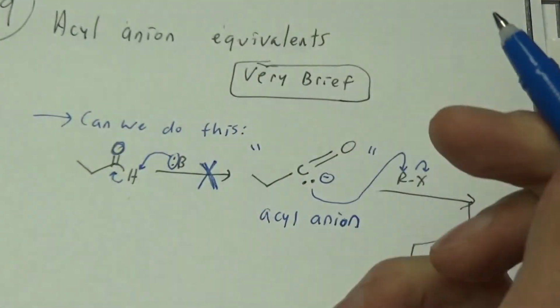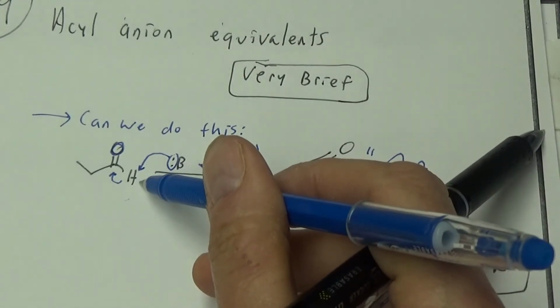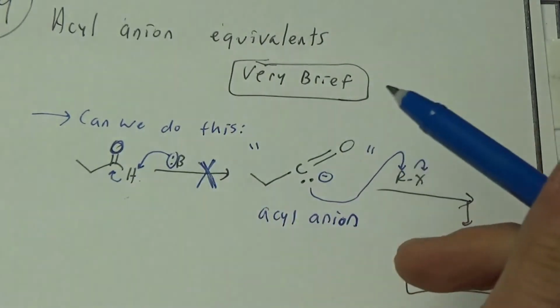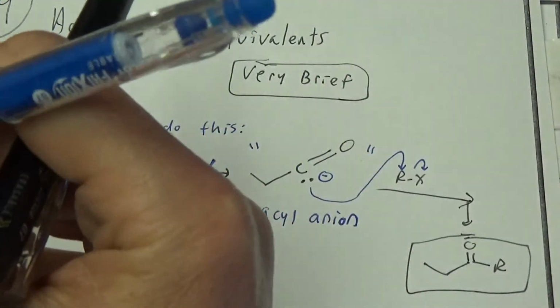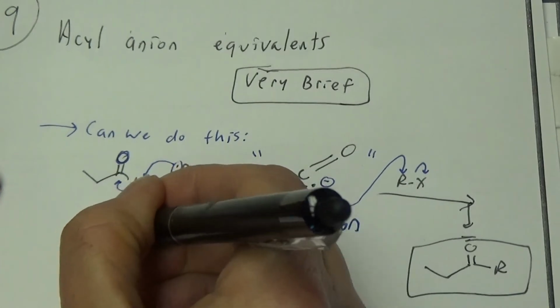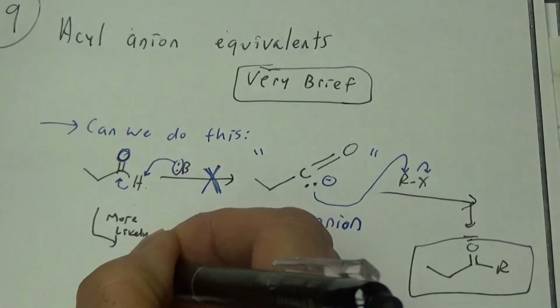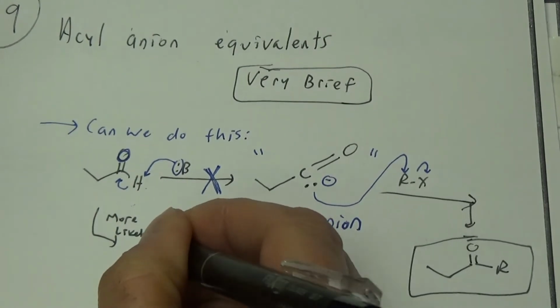Okay, what is more likely to happen? If you have a base, it's not going to grab the aldehyde proton. It's going to grab the alpha proton, right? So more likely, you're going to make an enolate. You're not going to grab that non-acidic proton.